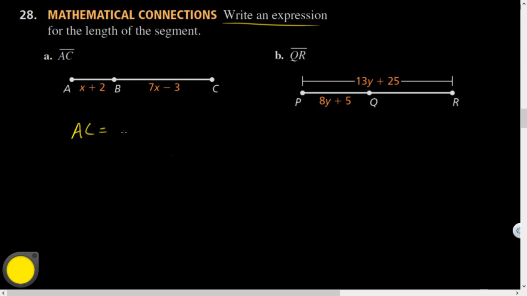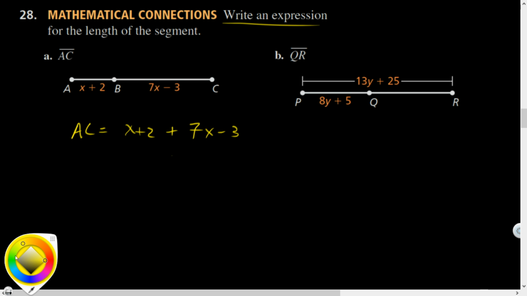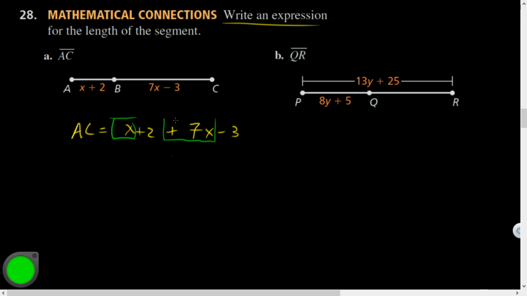Oh, you already simplified it, right? I think I agree. I'm going to say whatever AB was, which is x plus 2, plus whatever BC was, which is 7x minus 3. And he did the wonderful thing of combining like terms. Like terms have the same variable, same exponent.